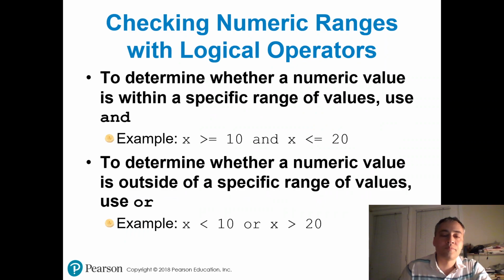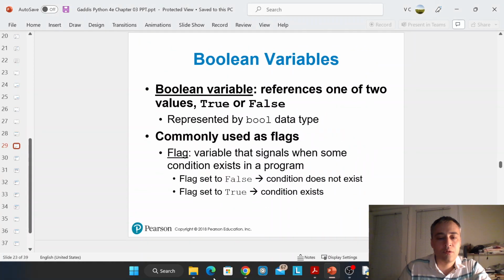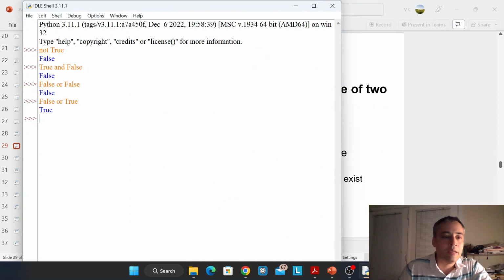All right. So here is an example. x is greater or equal to 10 and x is less or equal to 20. Let me actually switch to IDLE and try it for different x's. For example, x equals 2. x is greater or equal to 10, and x is smaller or equal to 20.